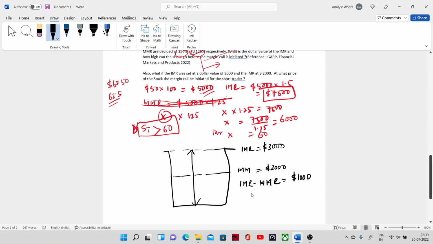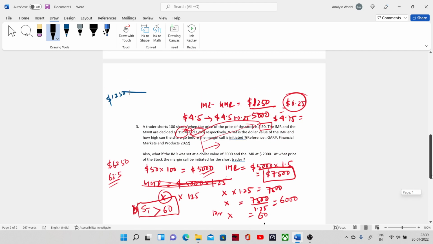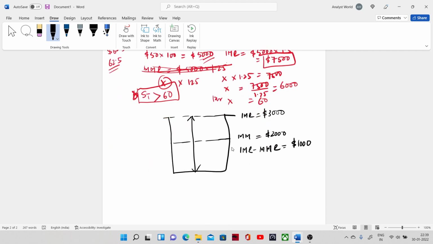We are dealing with 100 shares, so on a per share basis it becomes 1,000 divided by 100, which comes out to be 10. That means the initial price of the security was 50, and remember he had shorted the contract. So if the price goes up by 10 to 60, then the short trader will face the margin call.